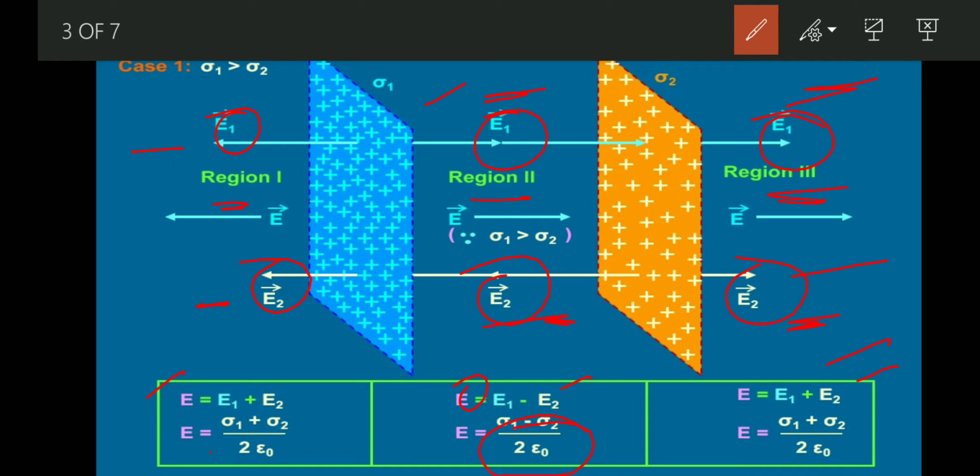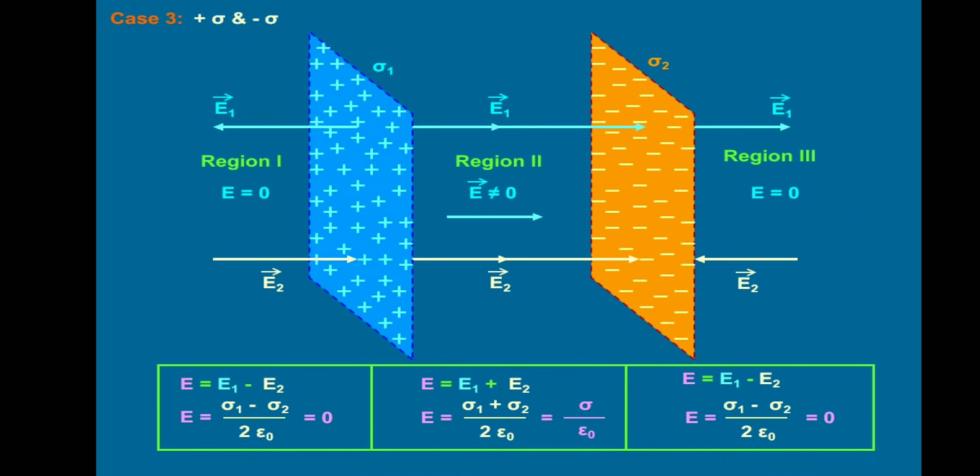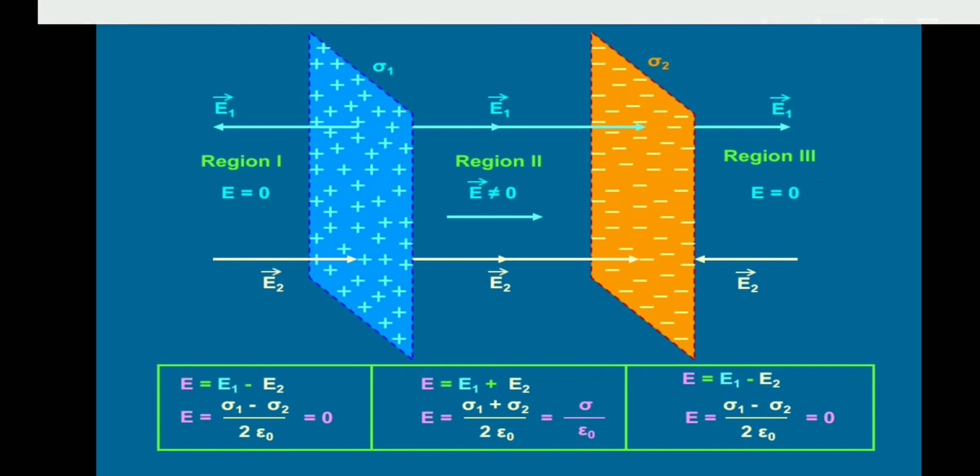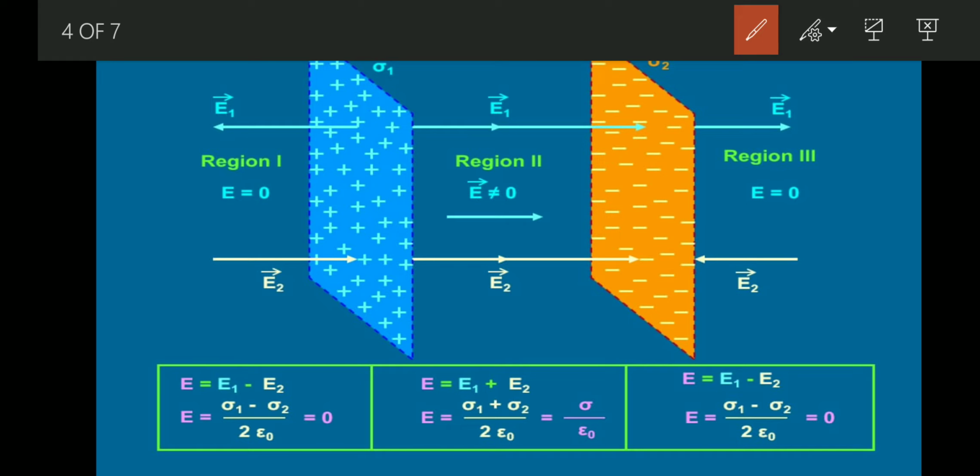Now let's consider one more case, when the two plates have the same charge density but oppositely signed, that is one plate has plus sigma and the other plate has minus sigma. Using the same concept as before, first we will give the direction for electric field intensity.